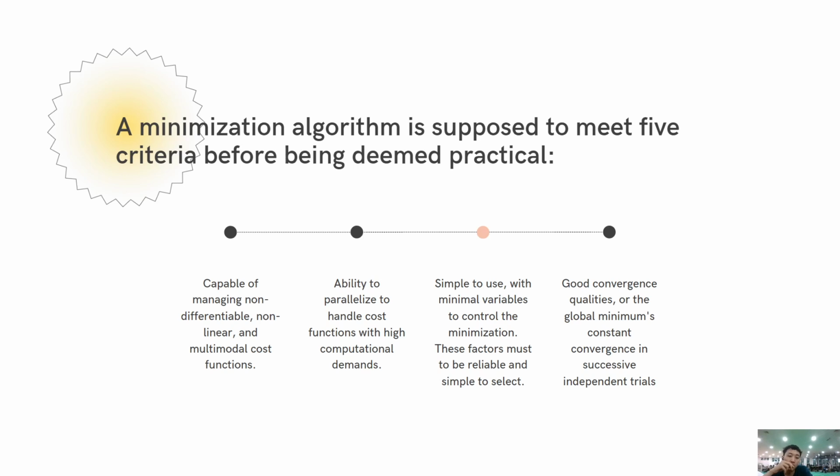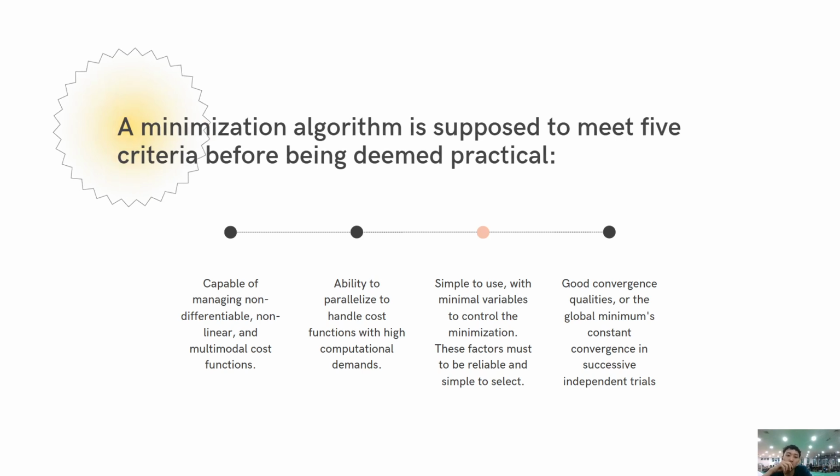The first one is being capable of managing non-differentiable, nonlinear, and multimodal cost functions. The second one is the ability to parallelize to handle cost functions with high computational demands. The third is simplicity to use with minimal variables to control the minimization. The fourth is good convergence qualities: the global minimum is found consistently in successive independent trials.